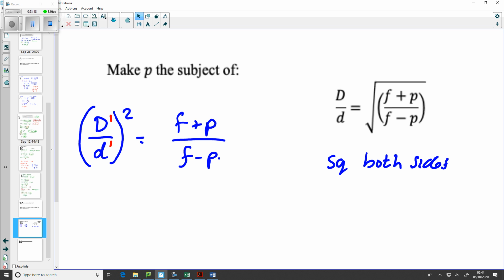And if we've got indices in brackets, with number indices on the outside of the brackets, what do the laws of indices say? They multiply. So we can take these brackets away and write that as D squared over little d squared is equal to F plus P divided by F minus P.